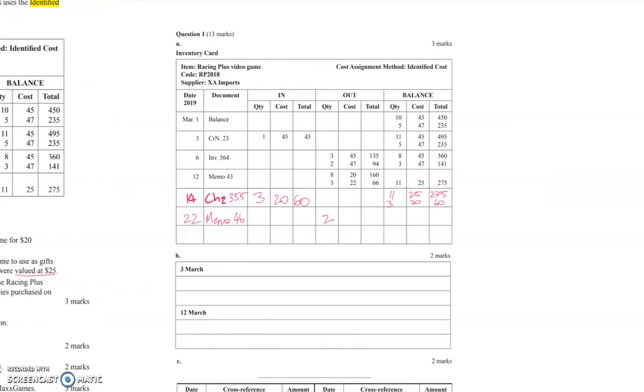So we have 2 units at $25 leaving, total cost of $50, leaving us with 9 $25 units. 9 times 25 is $225, and we still have these other 3 from our $20 batch valued at $60.